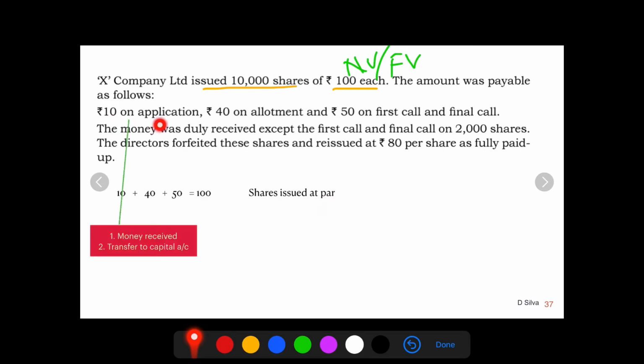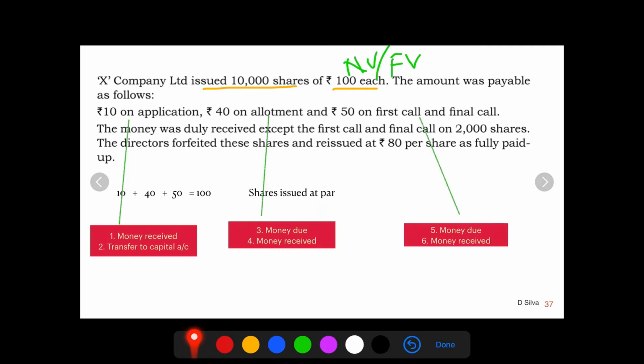Well, on application, we are going to receive the money. On allotment, we will receive the money. On first and final call, we will receive the money, because the question says that the money was duly received on application, allotment and as well as on first and final call, except for those 2,000 shares.